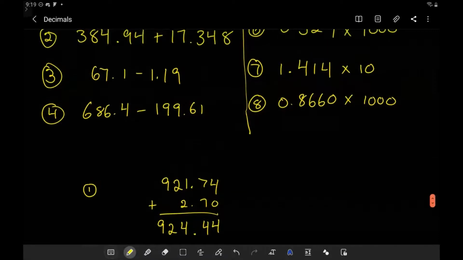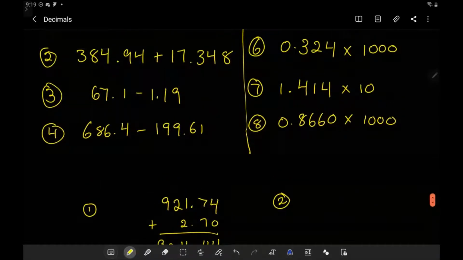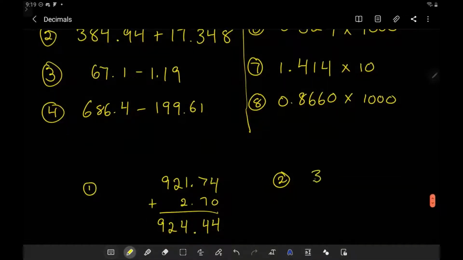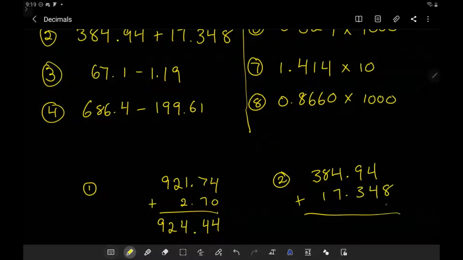The second one tells us to add 384.94 and 17.348.